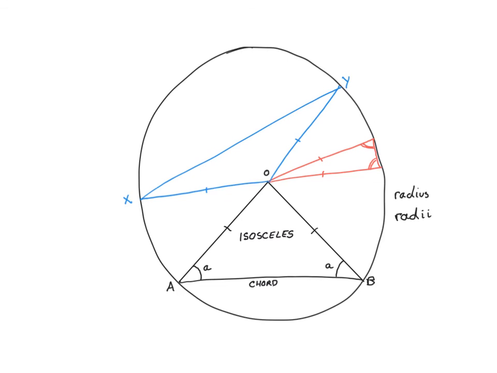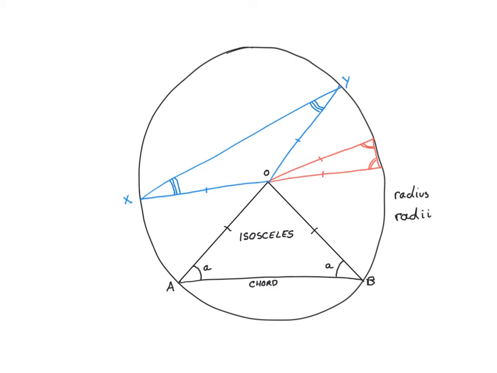Then these angles in here are again the same, and it's an isosceles triangle. But of course, the three-line blue angles and the two-line red angles and the one-line black angles are not all equal to one another, because in these triangles we've changed the angle at the center.